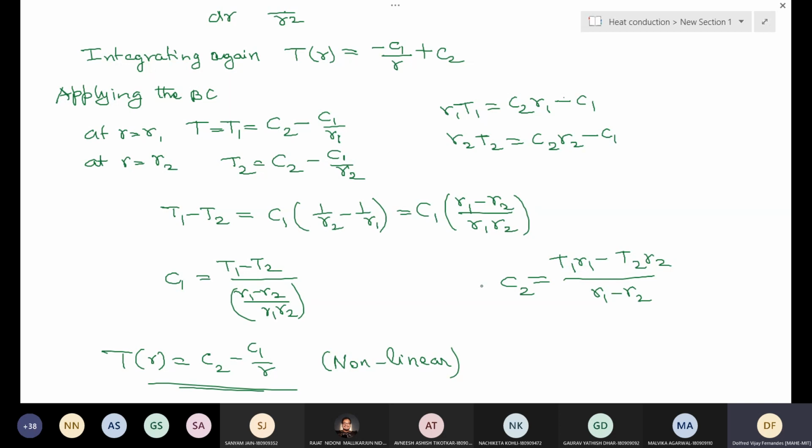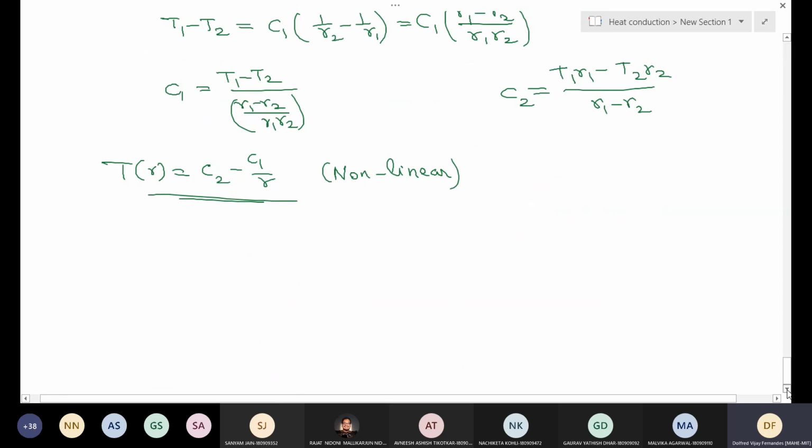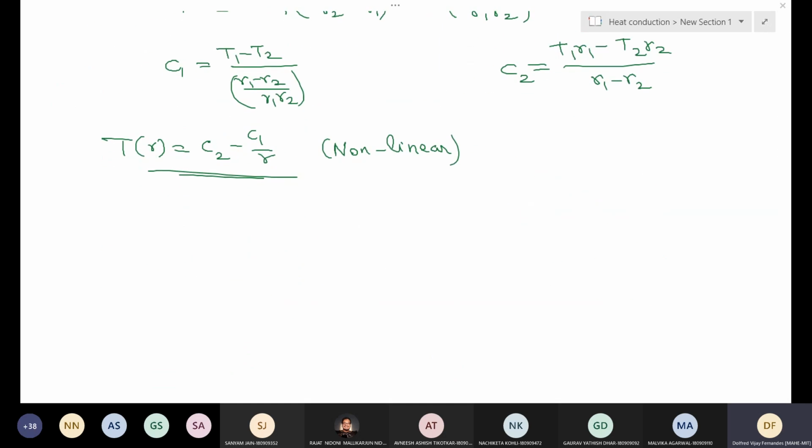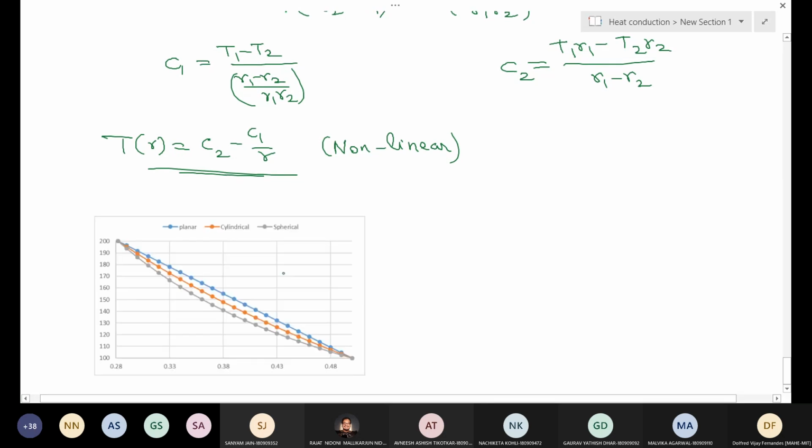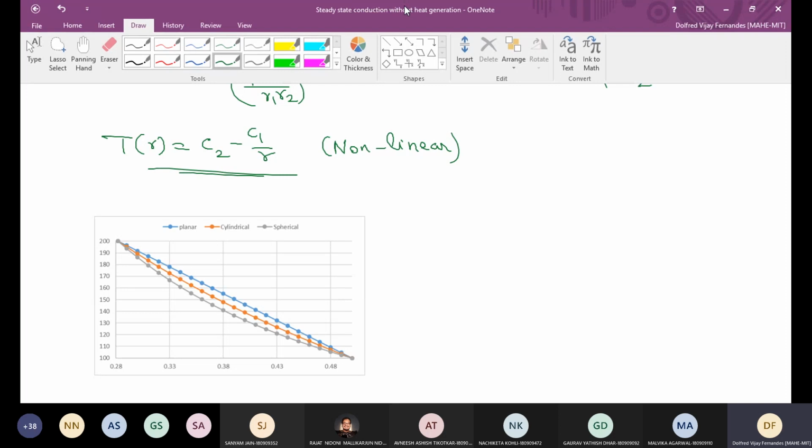You can also plot the temperature profiles, and you can see how the temperature profiles will look. Okay, so I'll show you. You can see the temperature profiles here.